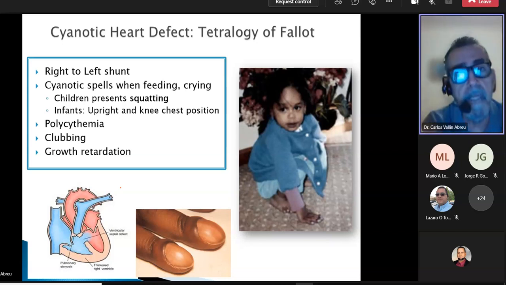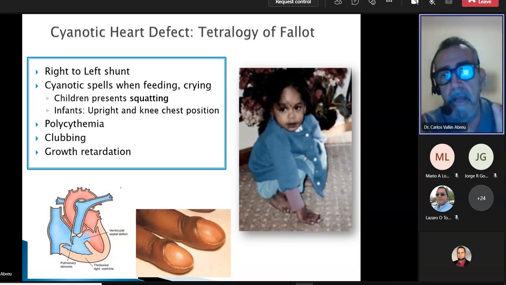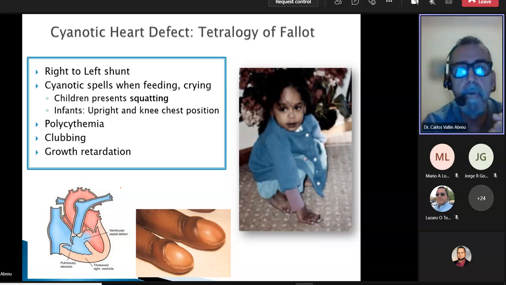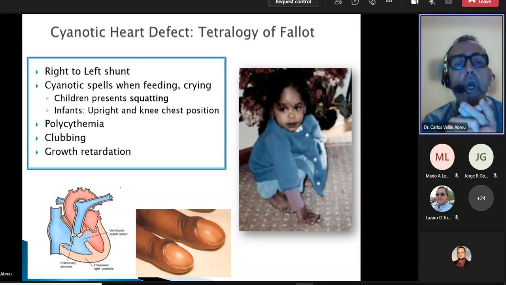It not only is seen in tetralogy of Fallot, it's seen in other conditions associated with chronic, long-term lack of oxygen, like for example cystic fibrosis, COPD, or the tetralogy of Fallot, that are conditions that produce chronically along years of life low level of oxygen in the blood.